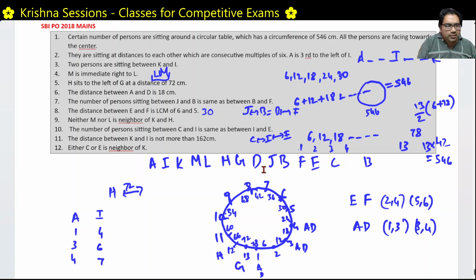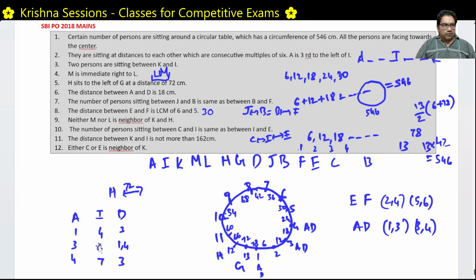Next, if A sits at 1, where will D sit? D will sit at 3, right? If A sits at 3, D can sit at 1 or 4. If A sits at 4, D will sit at 3 only, right?